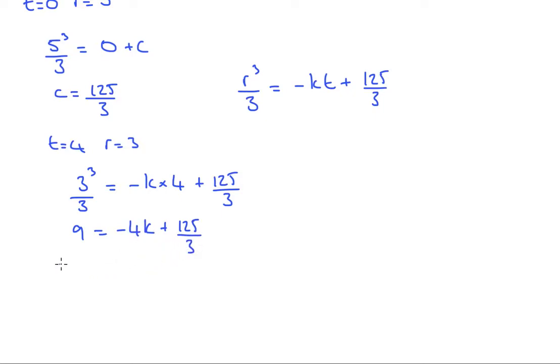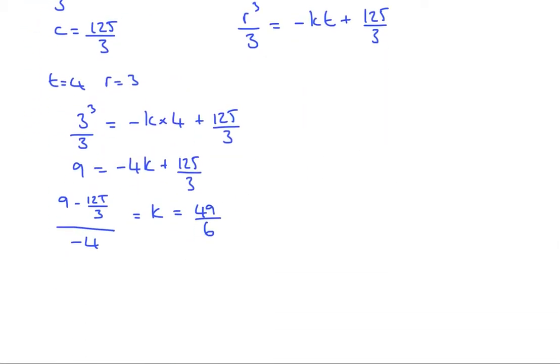K is going to be equal to 9 minus 125 over 3 divided by negative 4, which is 49 over 6.